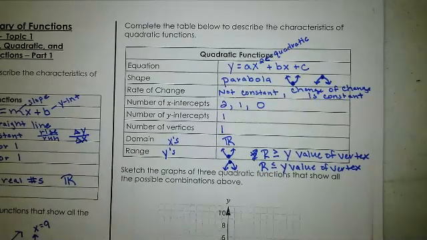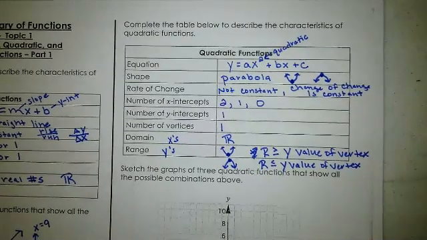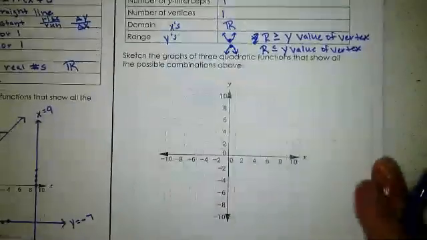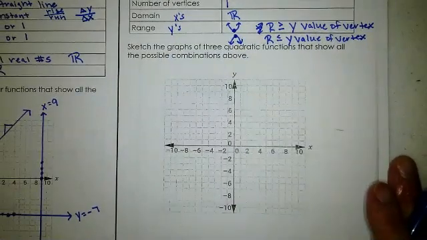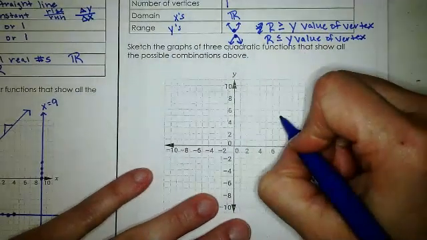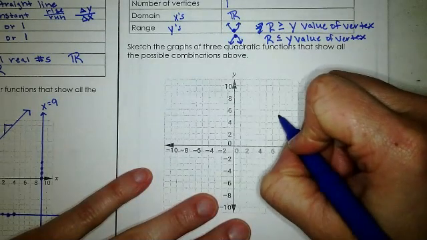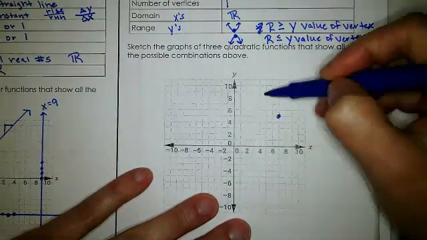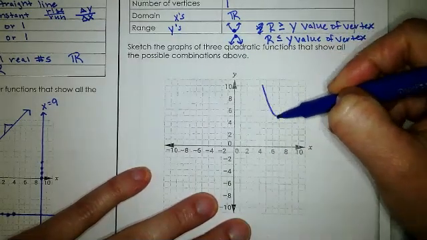So let's look at what some of these would look like on a graph. You could have a graph, maybe your vertex is sitting at 7, 5, and the graph is a U-shaped graph that opens up.